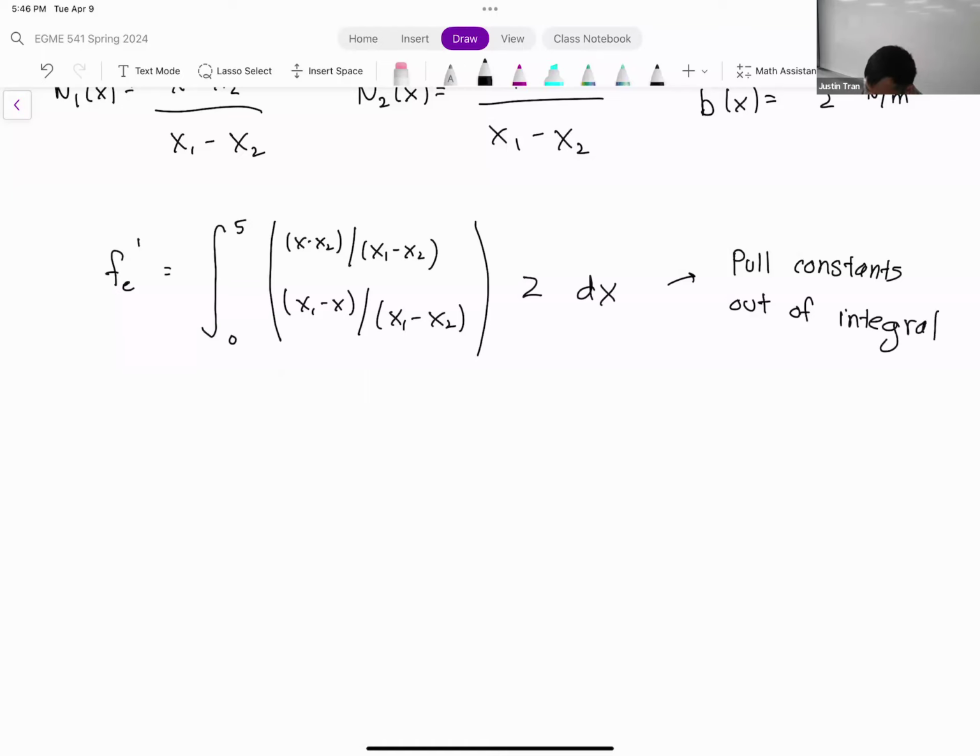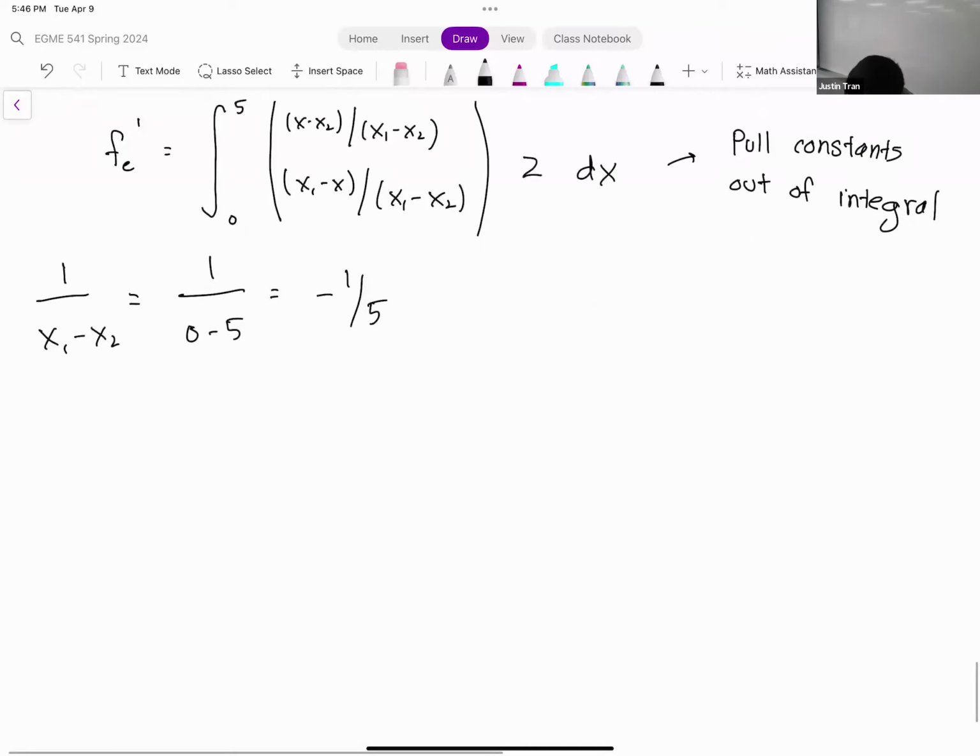Both n1 and n2 have this 1 over x1 minus x2 factor, which is 1 over 0 minus 5, so that's a negative 1 fifth. I'm going to pull that factor out of the integral, and I'm going to pull the 2 out as well. So this is equal to minus 2 over 5 times the integral from 0 to 5.